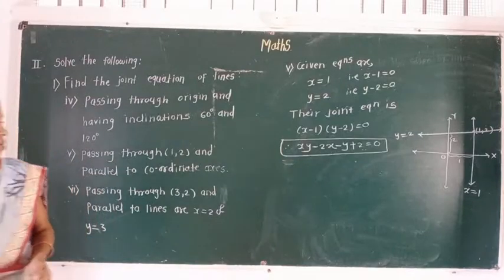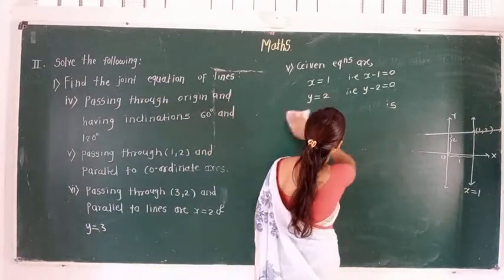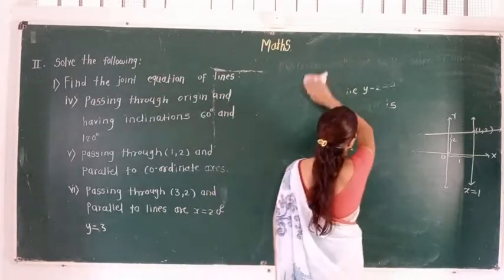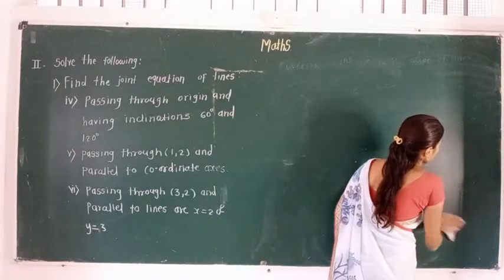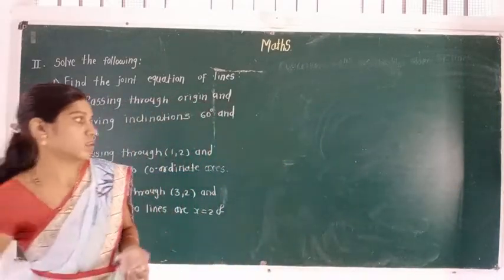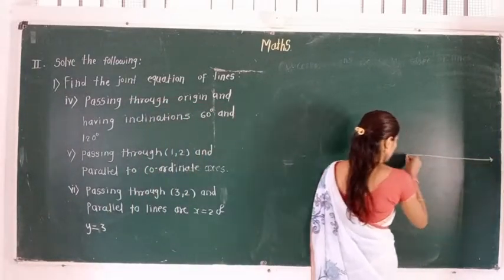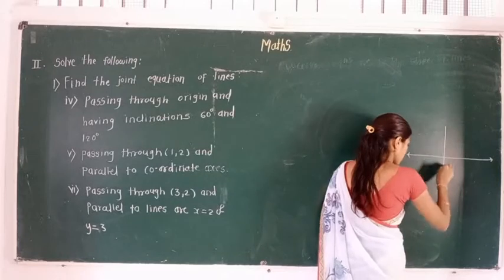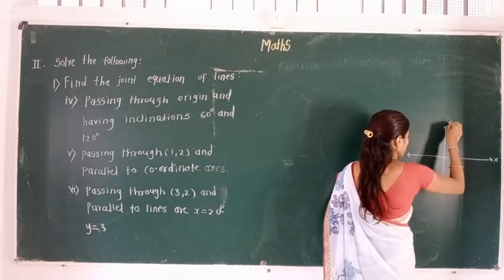First of all, we have to draw the coordinate axes for solving example number 6. Here is the x-axis and here is the y-axis, and these two are the coordinate axes.